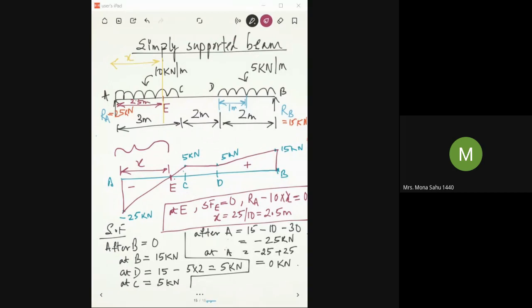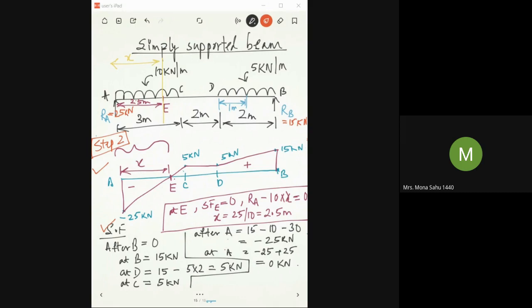So we learned in step 2 that you first calculate the shear force at every point, and once we do that, we draw the shear force diagram. In this case, we get a point E where the shear force is equal to 0. What does that mean?